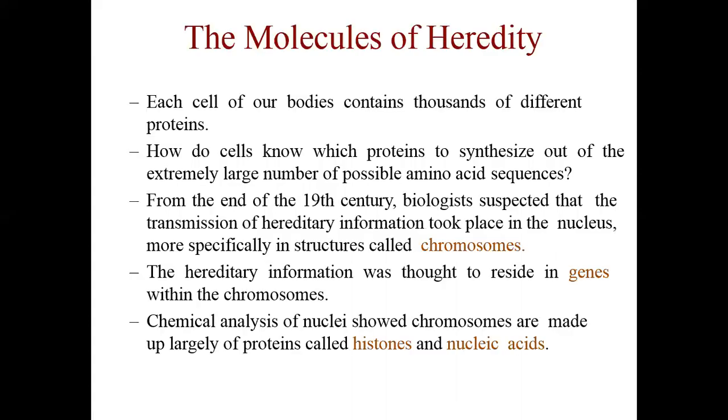So let's start. Each cell of our body contains thousands of different proteins, and it is obvious to ask how these proteins, which are mainly the functional units of life, are synthesized. It was observed that each cell contains a specific structure known as the nucleus, and in the nucleus the chromosomes are present.